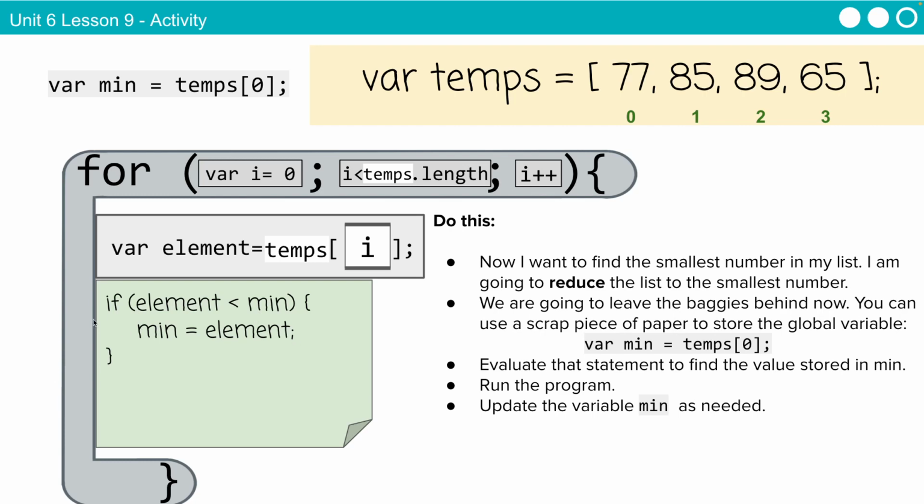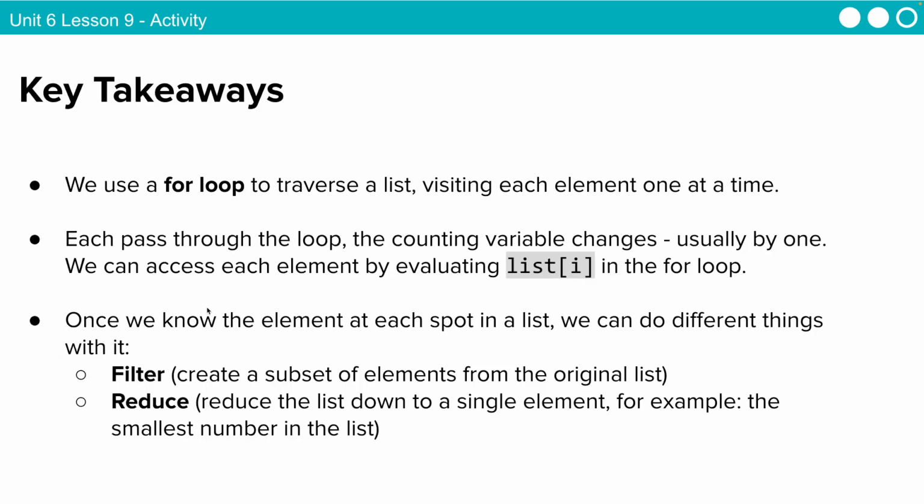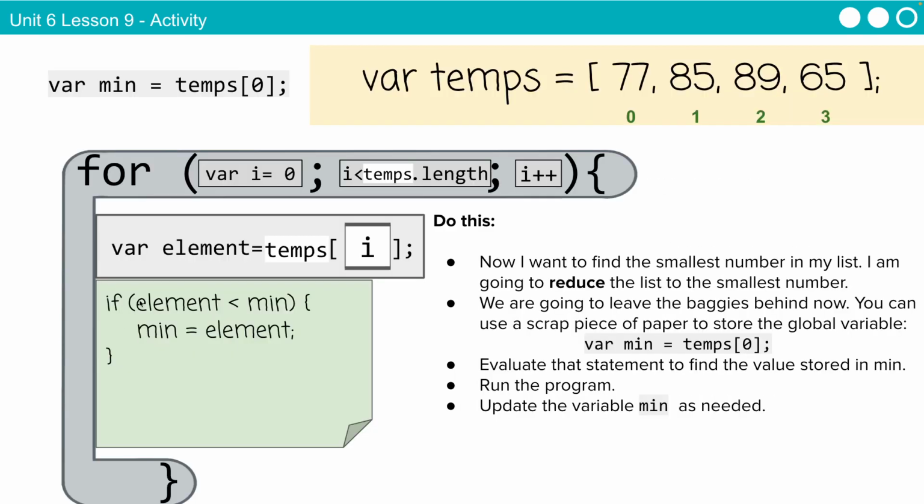We're not going to do this code. So is 85 less than 77? No, it is not. So we're going to skip over it. It's not something we need to worry about.